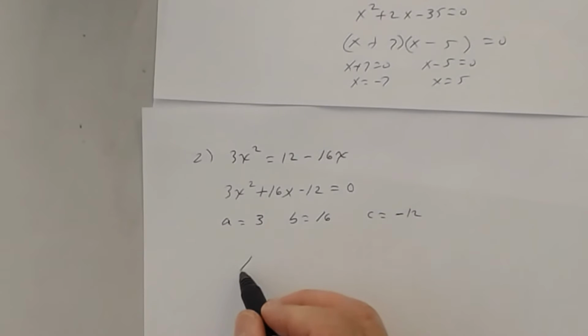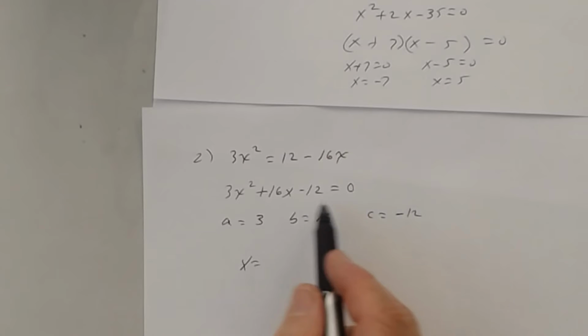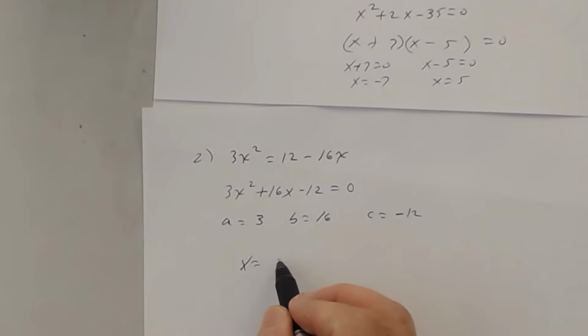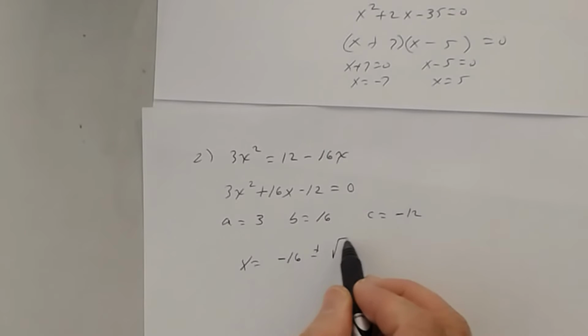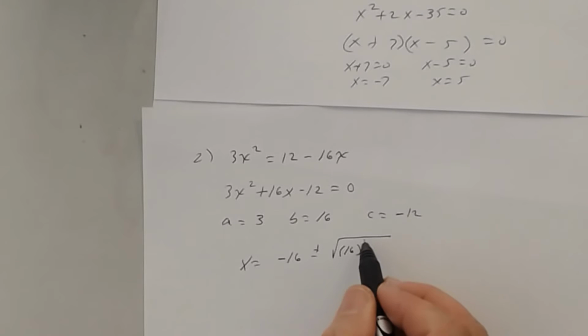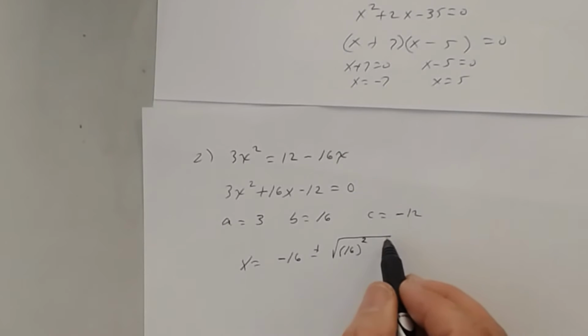So now we're going to use the formula. So x equals the opposite of B. What's the opposite of B? Negative 16 plus or minus the square root of B squared. And what's B in this case? 16. What must I do with that 16? Squared, minus 4 times A. What's A?